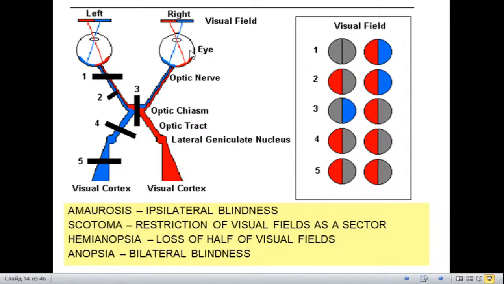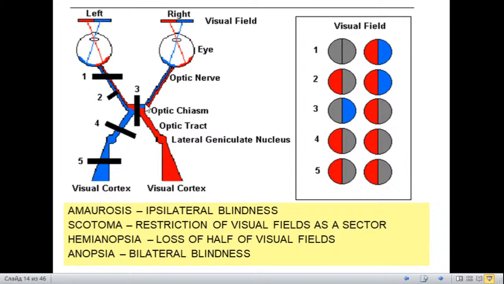Then, the optic nerve enters the cranial cavity through the optic canal, and medial fibers of optic nerves, it means fibers from medial parts of the retina, decussate, and this place of decussation is known as optic chiasma.